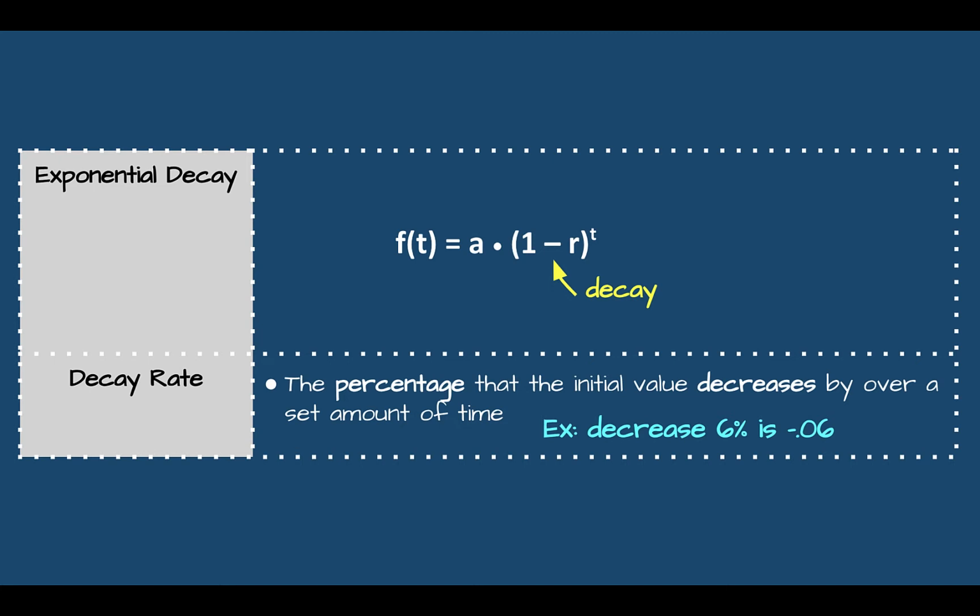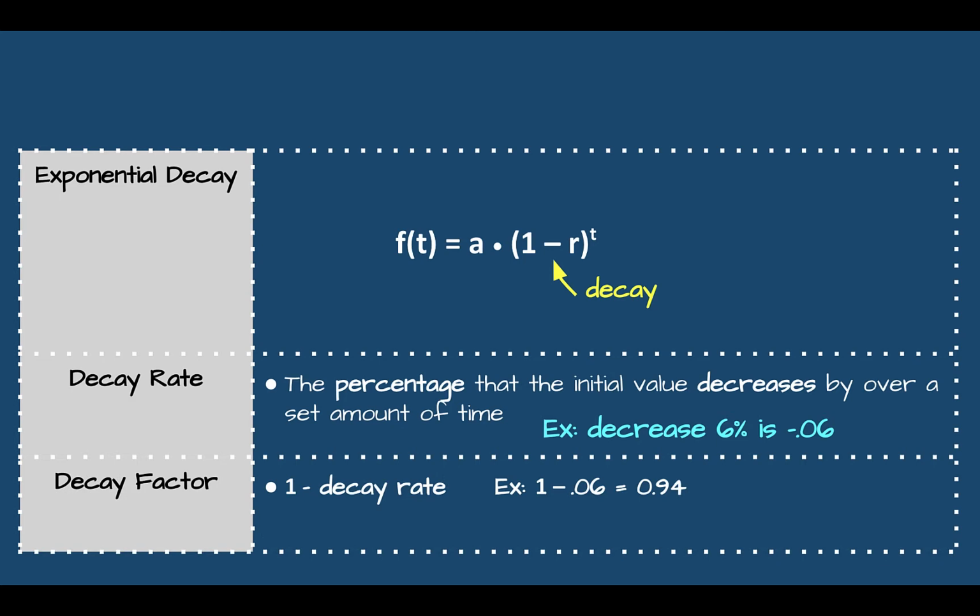So for example, if it decreased 6%, it would be minus 0.06. And just like growth factor, we have a decay factor where it's 1 minus the decay rate. So 1 minus 0.06, our decay factor would be 0.94.